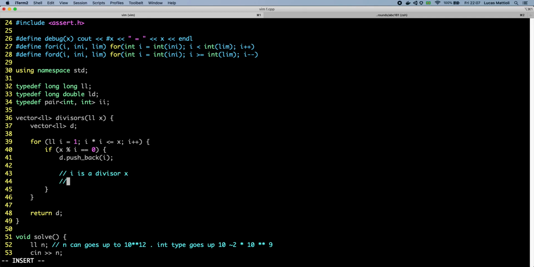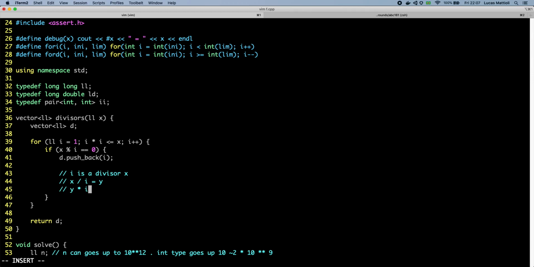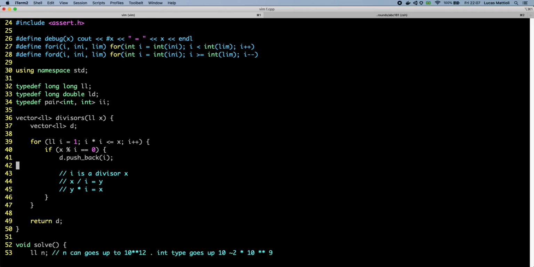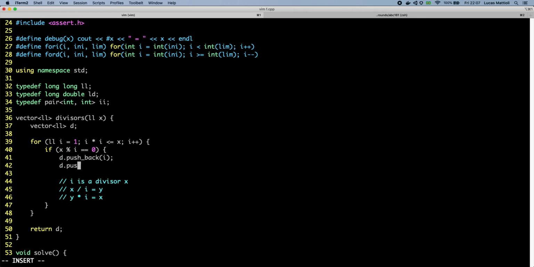If we divide x by i, we get another value, and this value is also a divisor of x, because if we multiply it by i, we get x. So in this case, we can just put this other one in the divisor array too.